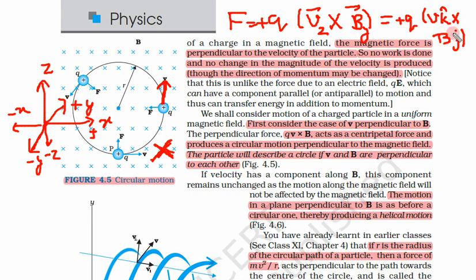If you remember, J cross K is simply I, but this is K cross J, so that means it is minus I. So the force is in the direction of, this is Q, this is positive not negative, V B, and the direction is minus I, that means negative x axis. So the force is in the negative x axis.